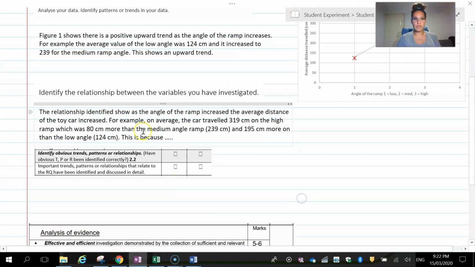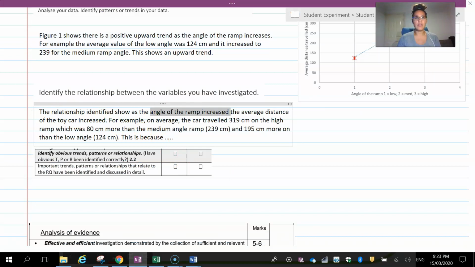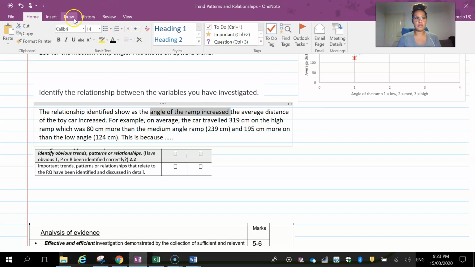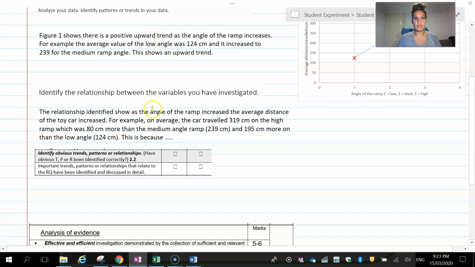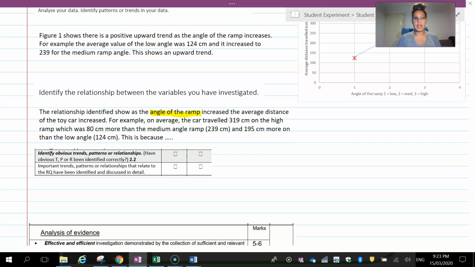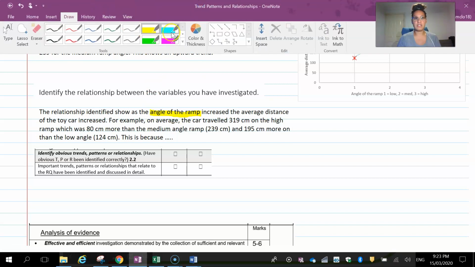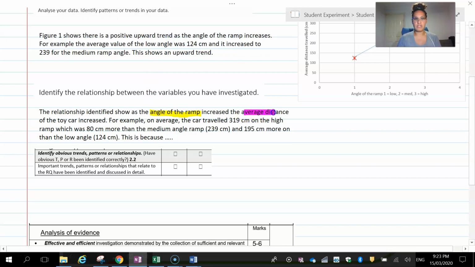So here we go. I've got the relationship identified, shows that, so there's my angle of the ramp increases. So that's my, what color did we use for independent variable? I think it was yellow last time, and the average distance increases. So average distance, that's our dependent variable, increases. That's what we're looking for.